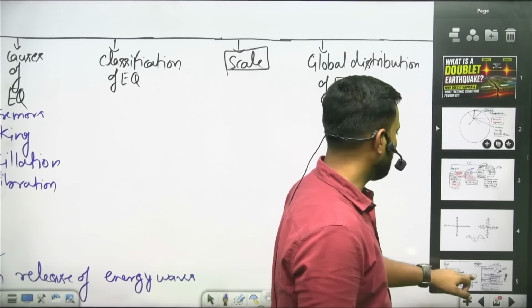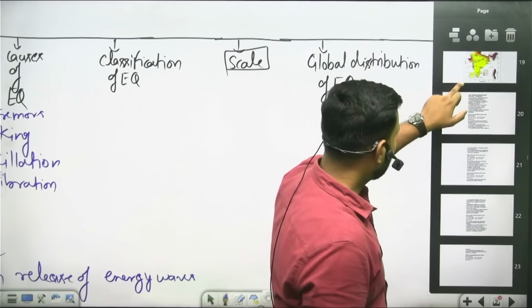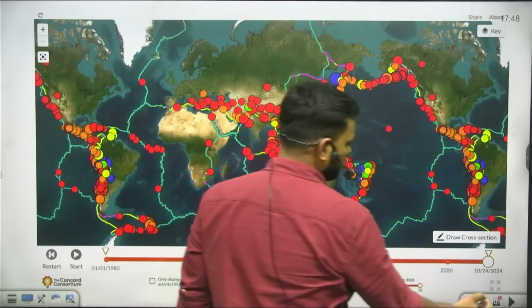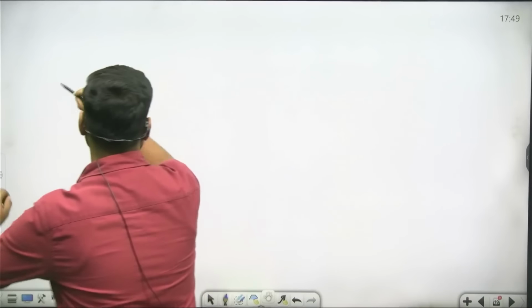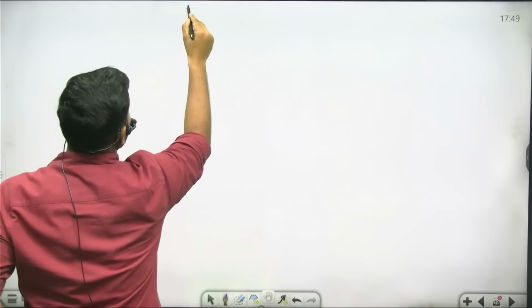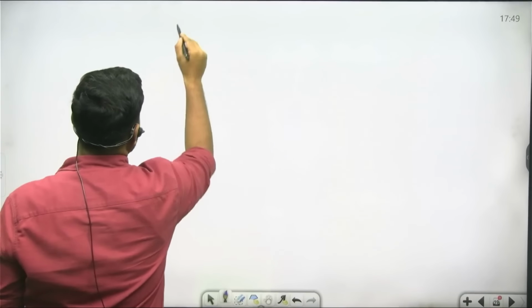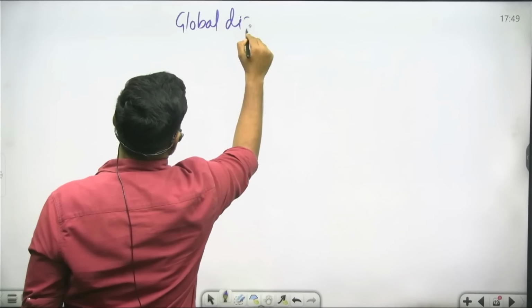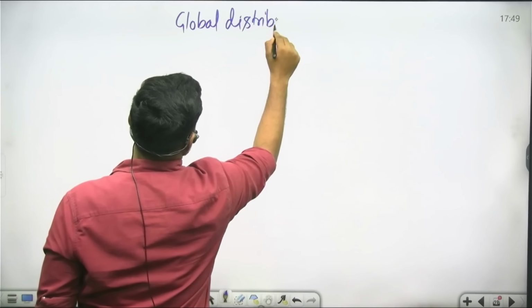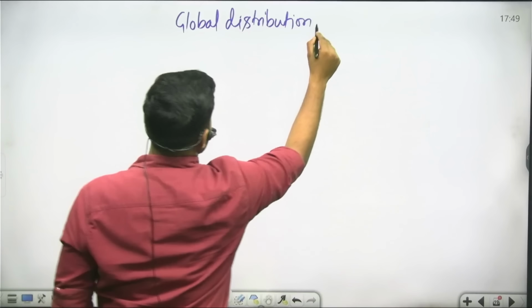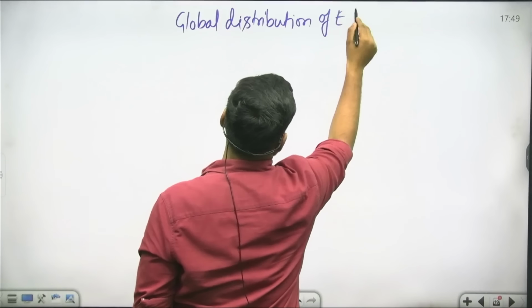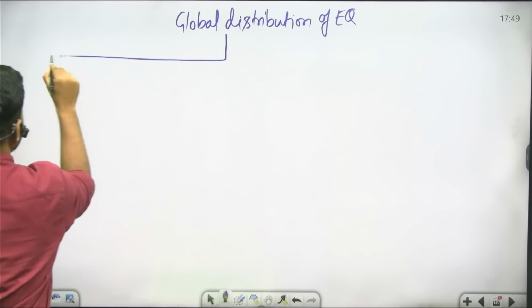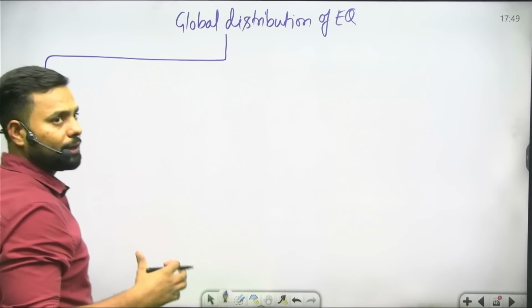So we should take a picture of global distribution of earthquake. There are mainly 3 belts where most of the earthquake is happening.